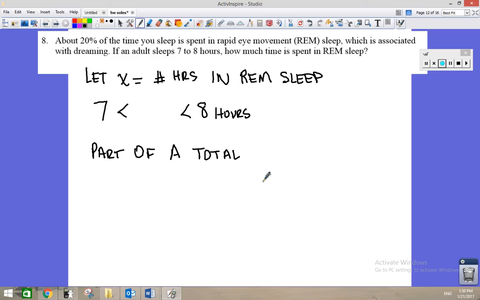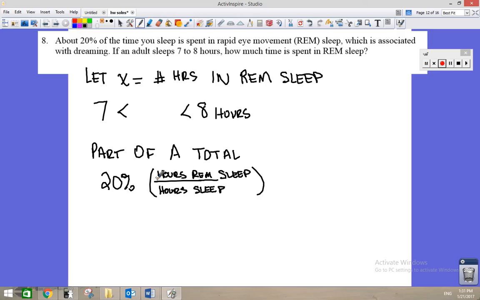So this 20% means that of this total time that you're spending hours of sleeping, that's the total, and the part of the total that you spent in REM sleep is, we'll just call it, the hours in REM sleep. So that's what this 20% has units of. That's what this 20% means.